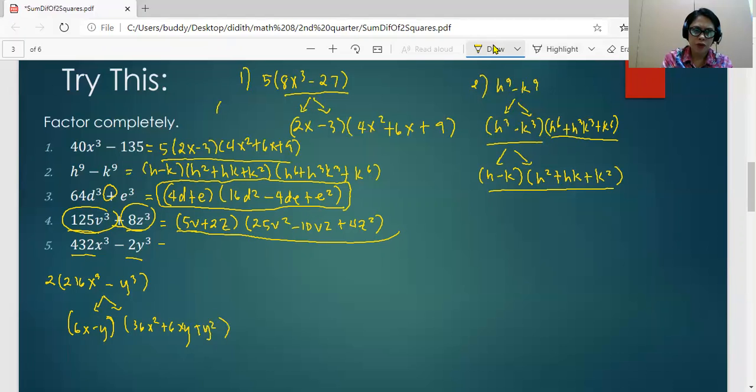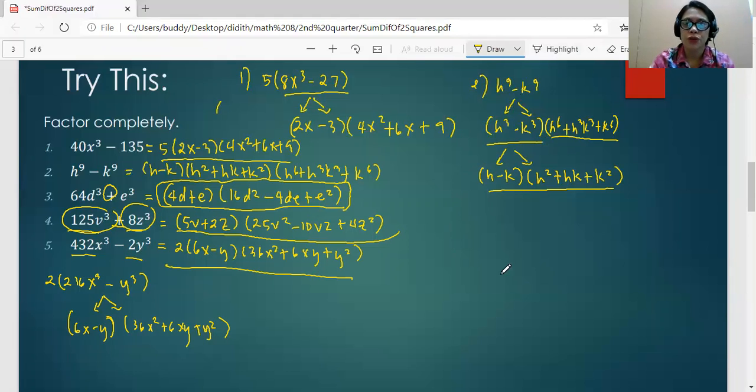So the factors for number 5 are 2, 6x minus y, and 36x squared plus 6xy plus y squared. So those are the factors.